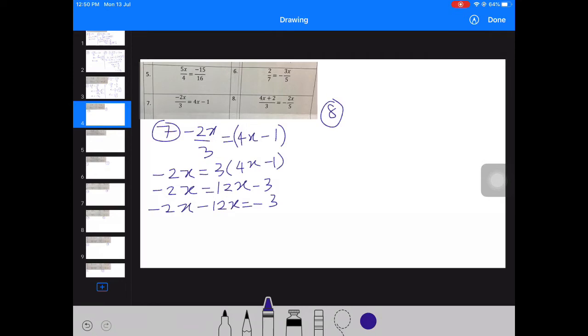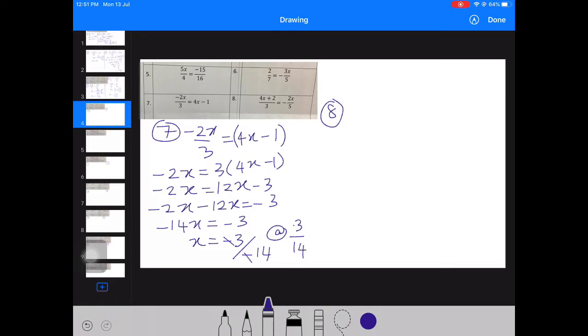So negative 2x minus 12x becomes negative 14x equals negative 3. So x equals negative 3 divide negative 14. So negative divide negative is positive. So you should write your answer, x equals 3 over 14.